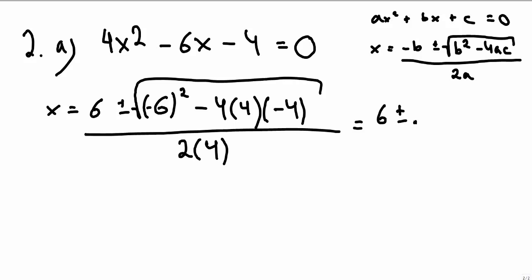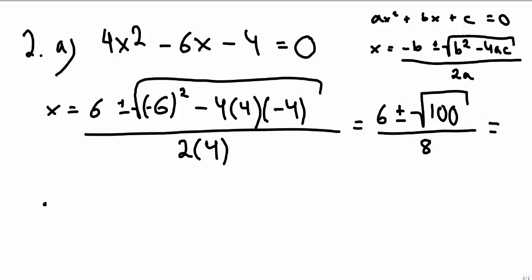Okay, so I'm going to make some notes here. 36 plus 64, we're going to get 100. What a coincidence. Plus minus square root of 100, and everything divided by 8.